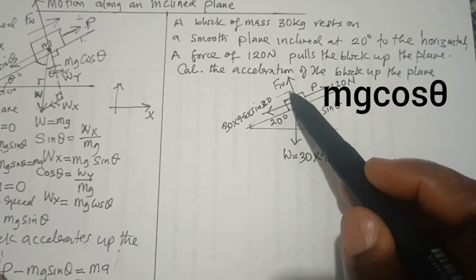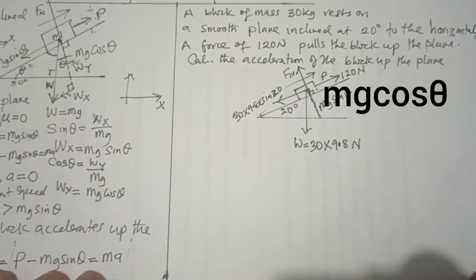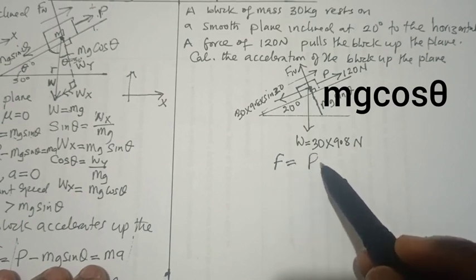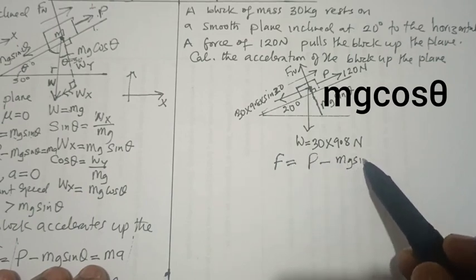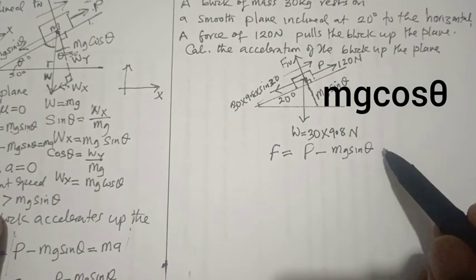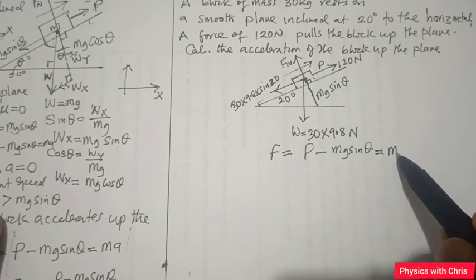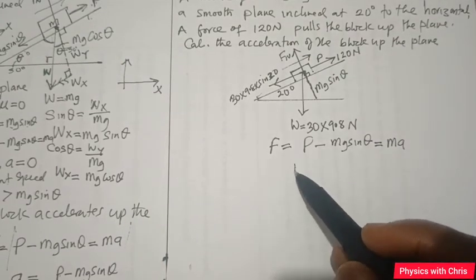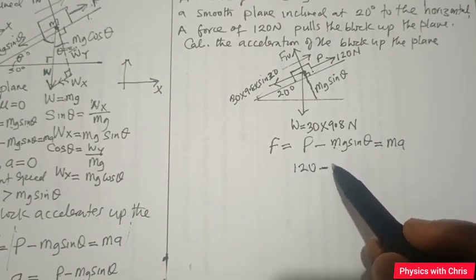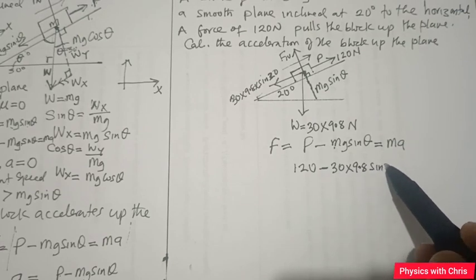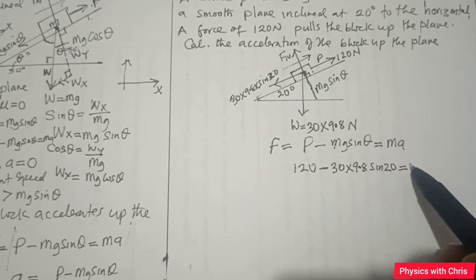And since the block moves in this direction, the resultant force F on this block will be equal to force P minus mg sine theta. And since we are asked to calculate the acceleration, from Newton's second law, force equals mass times acceleration. Now, this force P is 120, given to us, minus 30 times 9.8 times sine 20 degrees, equals the mass of the block, 30, times acceleration.